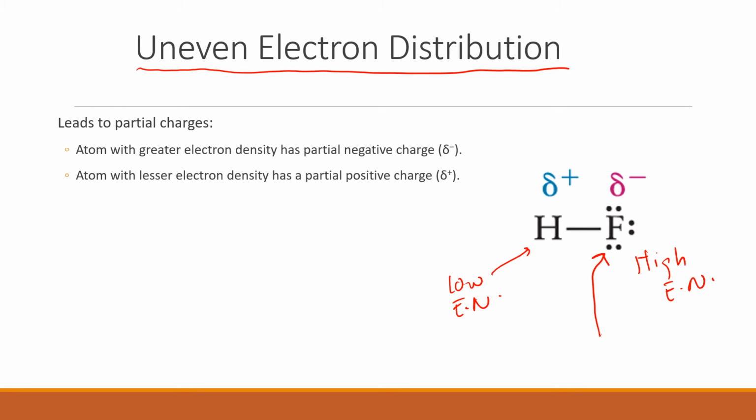This uneven distribution of electrons will lead to formation of partial charges, where negative charge will form on the high electronegativity element and positive charge will form on the low electronegativity element.